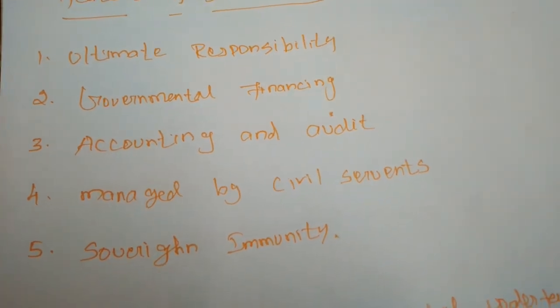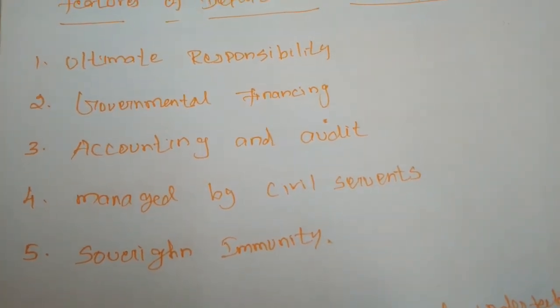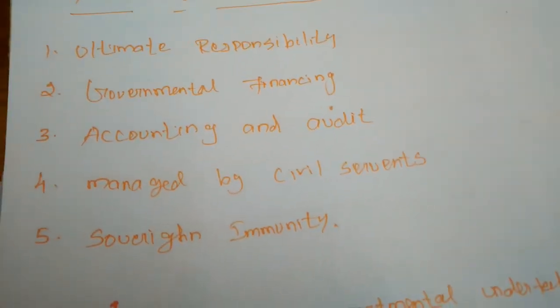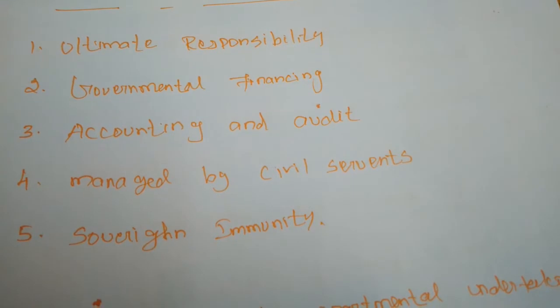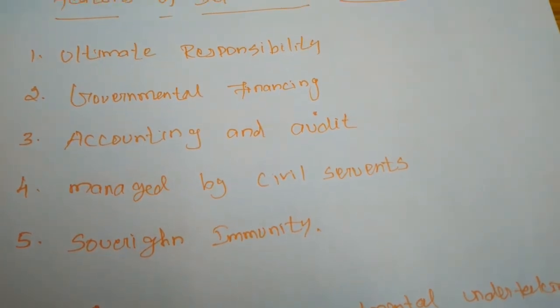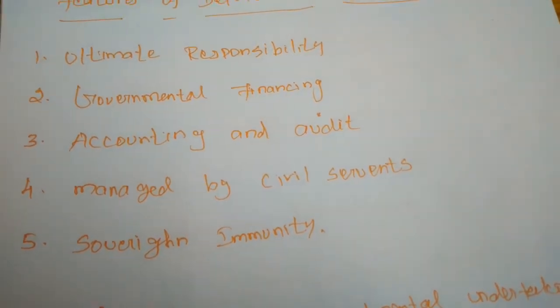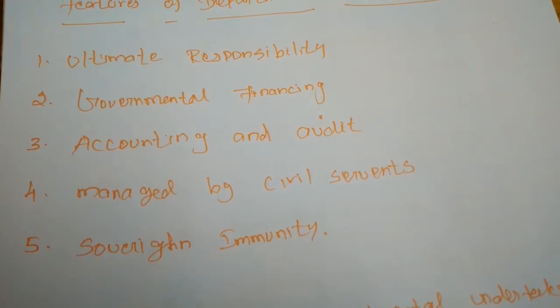Not only that, when they are preparing the annual budget itself, they will allot some surplus finance, because these departmental services must provide good services to the public without any trouble and without any shortage.